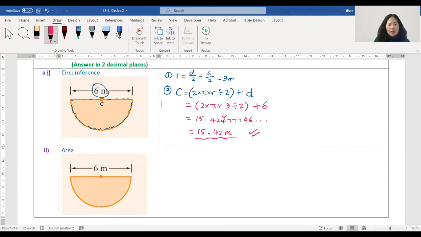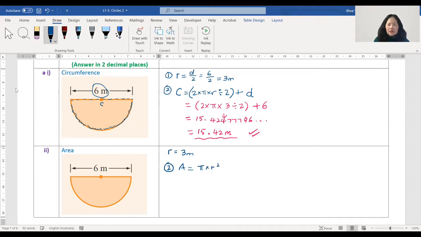Now the next one, it's the same shape, we just have to find the area. We do know the radius is 3 meters. Second step is using the area formula. Area formula is pi r squared.